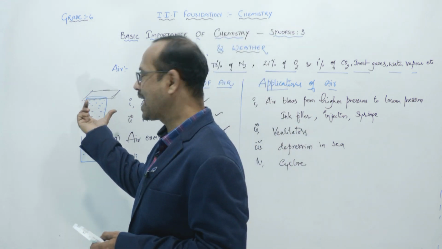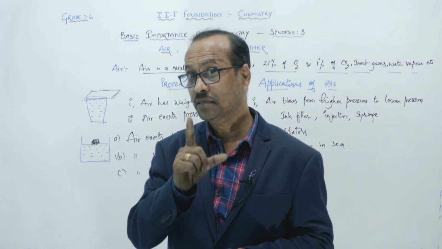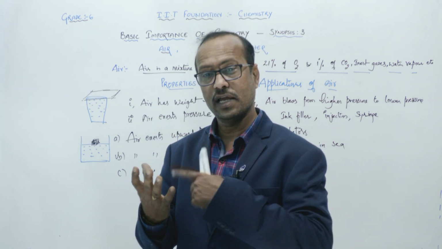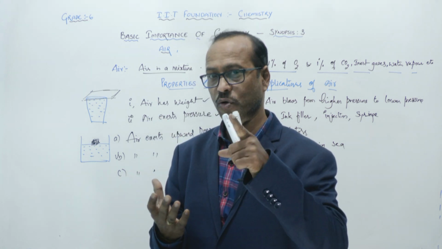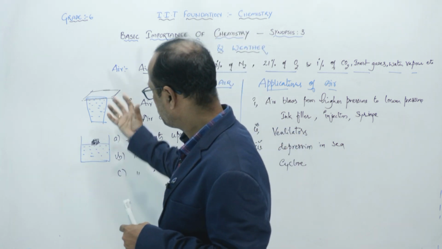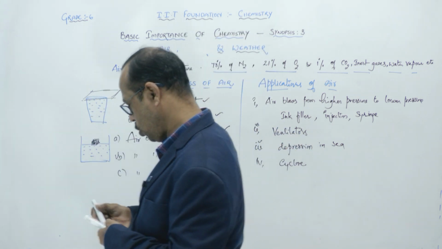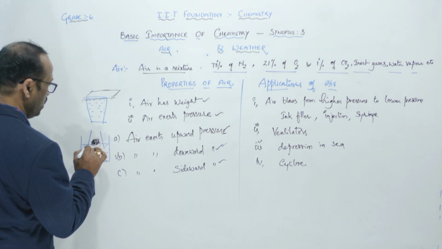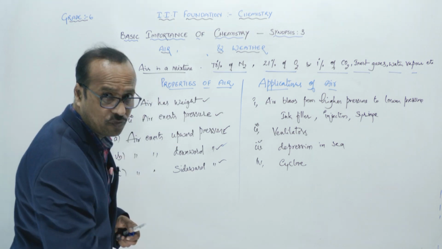Now you take this empty glass tumbler. Empty glass tumbler means what? Here it looks empty, but inside air is there. Now you put that glass tumbler over it, like this, and now apply the force.